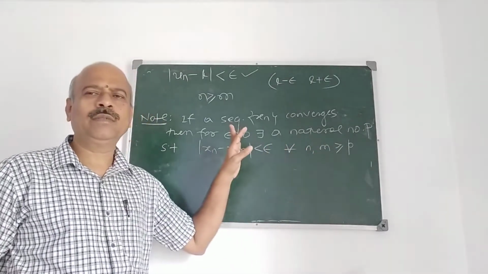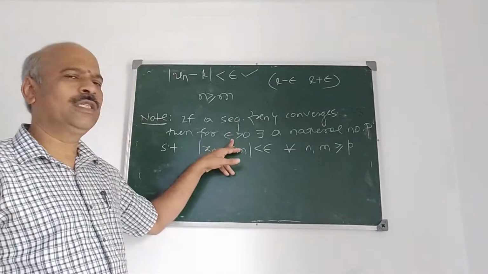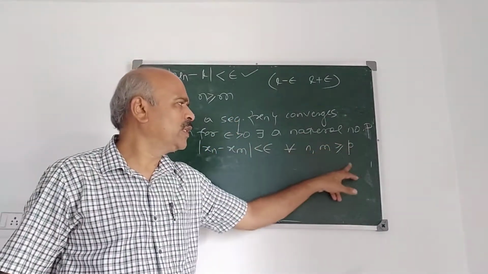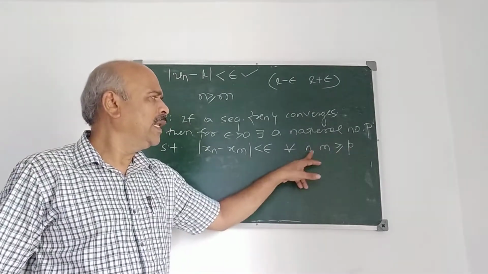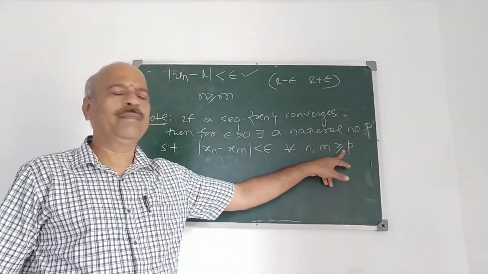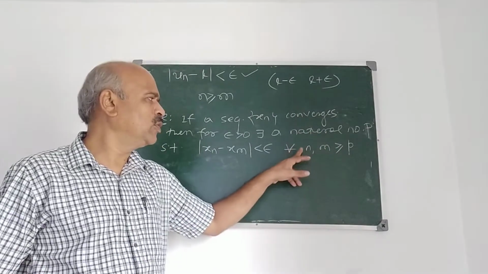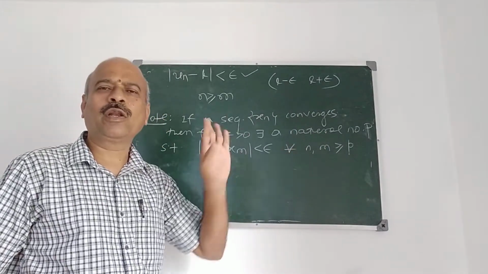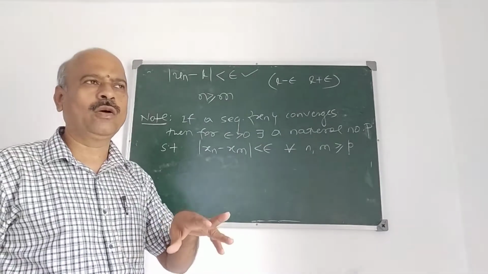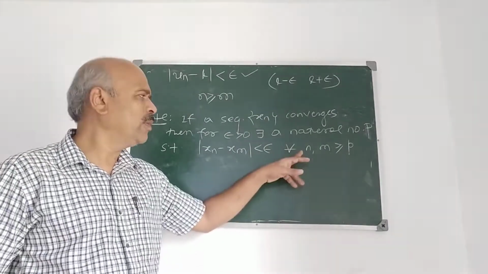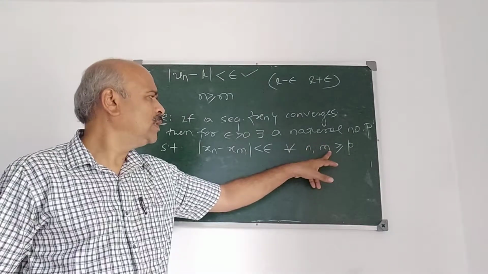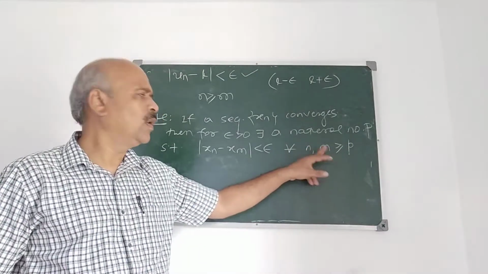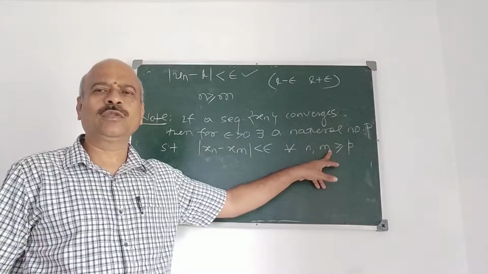What is the meaning of this? Say suppose xn converges, then what happens? There exists a fixed positive integer so that n and m are greater than or equal to P, however large. Suppose n is 1000, m is 2000, or n is 2000, m is 1000.